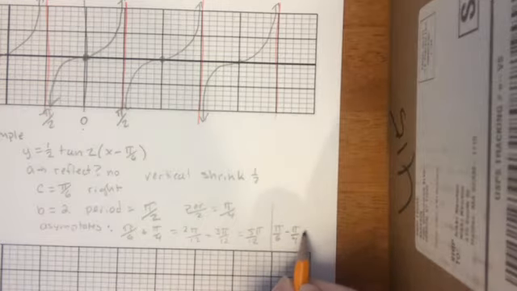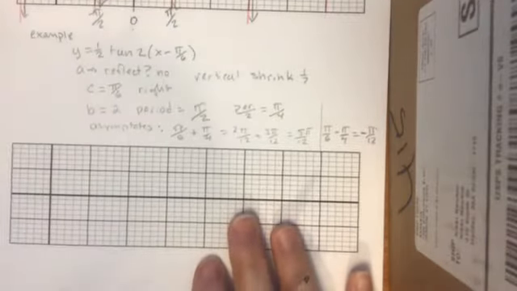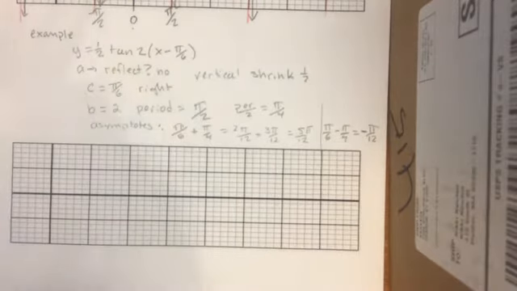If you found the common denominator and subtract it, you find out that it's negative pi over 12. So now let's just put all this information on the graph. So I have an asymptote at negative pi over 12 and another one at positive 5 pi over 12.